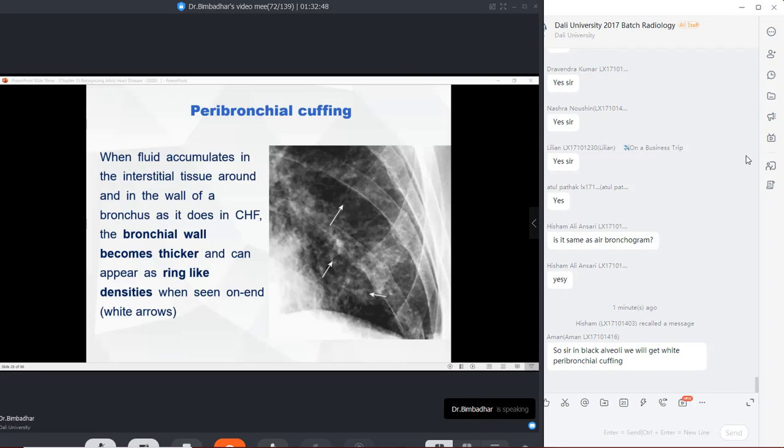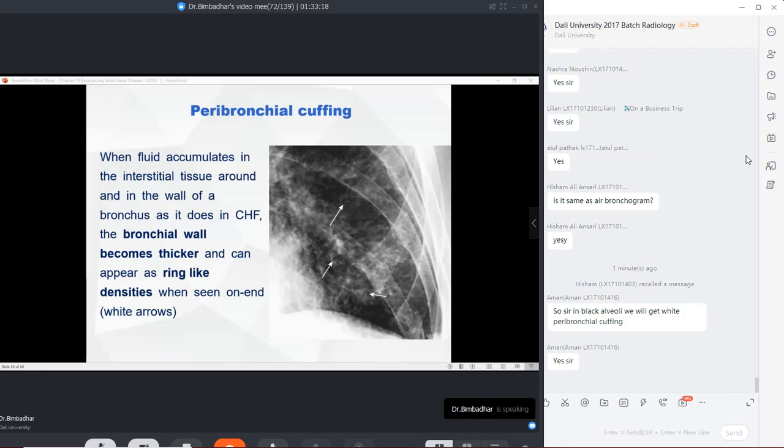First, the fluid will be deposited in the interstitium where there are lymphatic vessels and blood vessels. The fluid starts accumulating in the interstitium and then eventually flows down to the bronchus. And once the bronchi are filled, then the alveoli get filled. Did you understand? So what is the early finding of congestive heart failure? It is interstitial edema, but not alveolar edema. Did you get it?